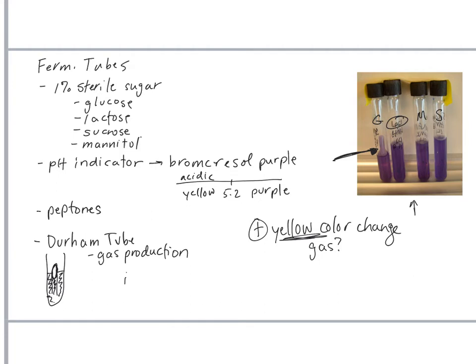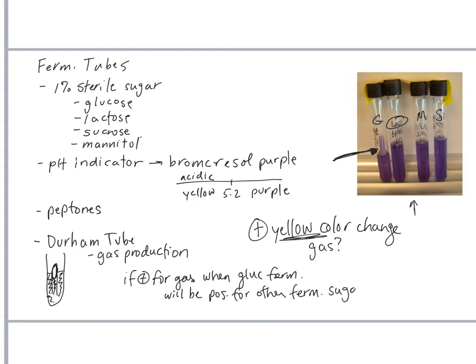So if positive for gas when glucose is fermented, it will be positive for other fermented sugars. Basically the other sugars are typically broken down to glucose and then fermented, and typically one organism will use the same pathway no matter what sugar it's utilizing.